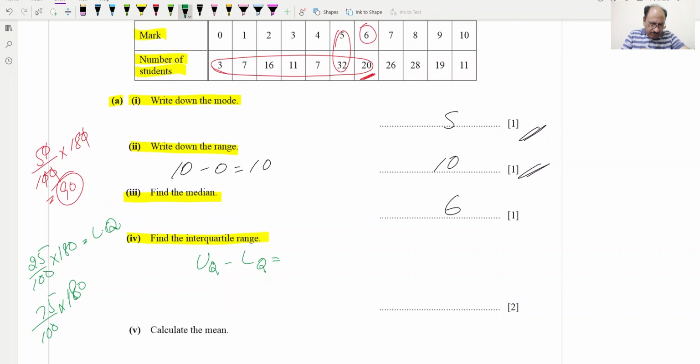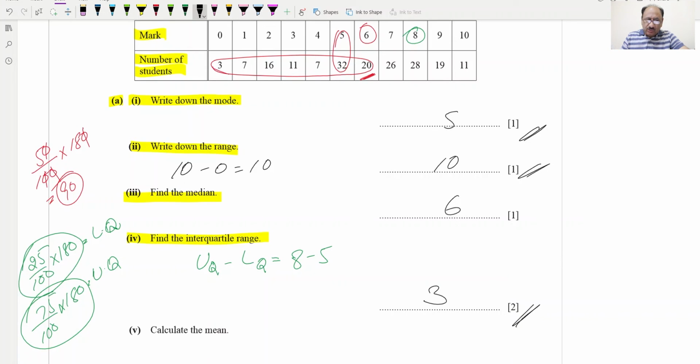If we check, the upper quartile will be 8. You will have to calculate this and go to the respective entry, then you will find this. So 8 minus 5 is 3, and this is a 2 marks question which we are done.